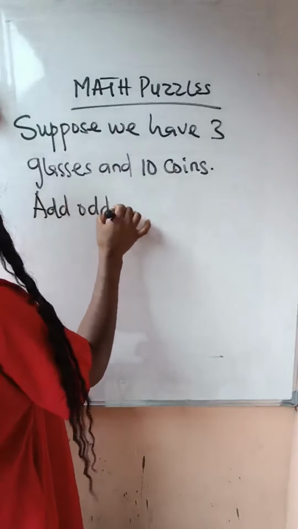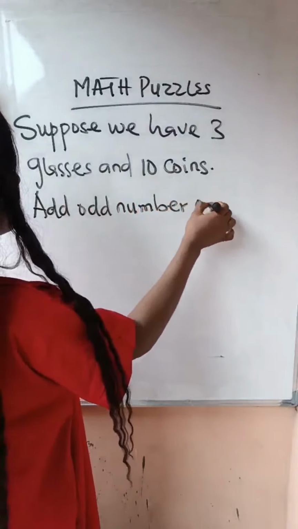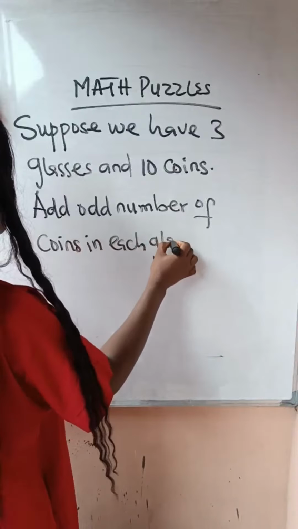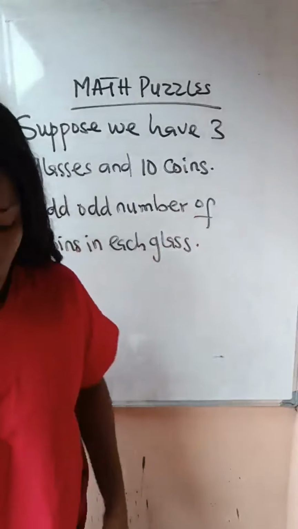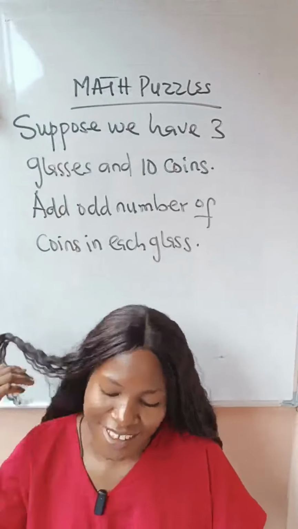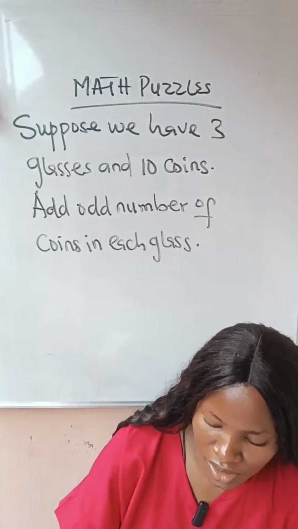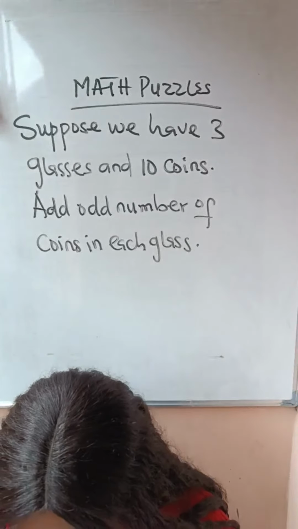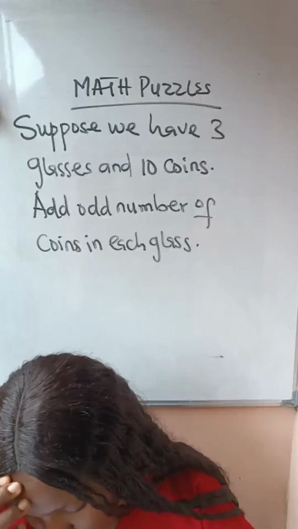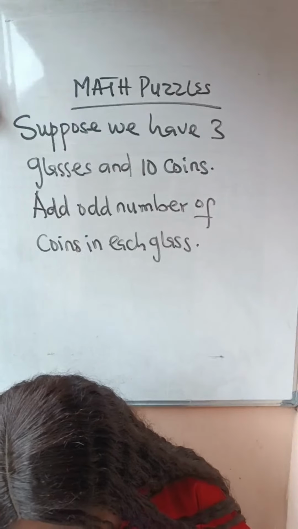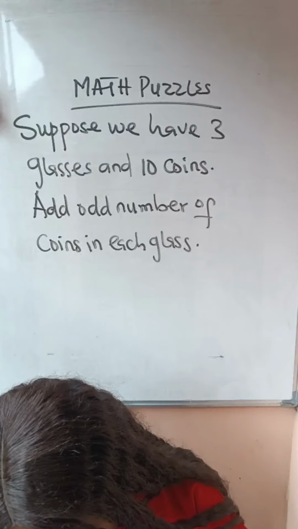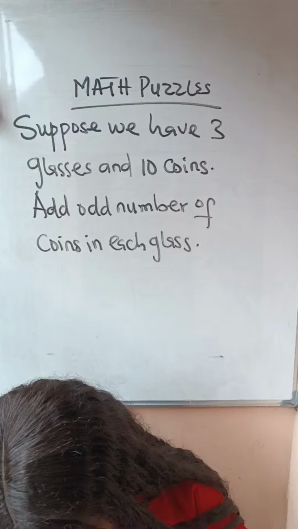You have 10 coins, three glasses, and you add an odd number of coins in each glass. That is the question.